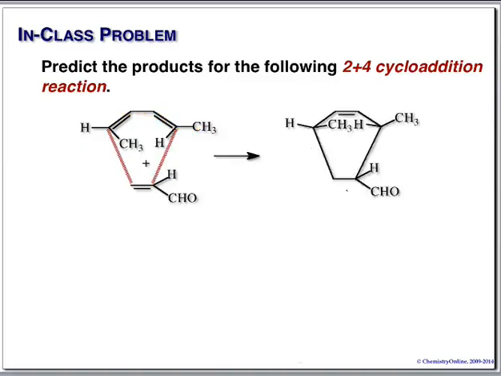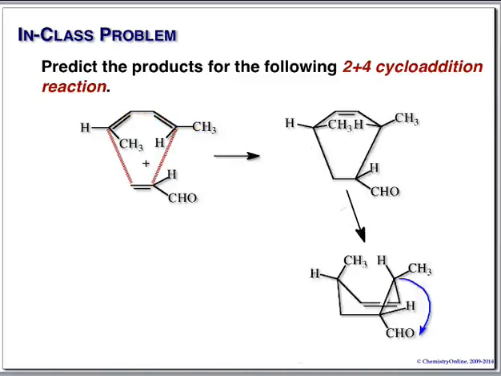I'm just going to rotate the double bond down, rotate this up, and make my boat. Now if you look at it, you know that you've drawn the stereochemistry right here. Because look at this. Hydrogen methyl, hydrogen methyl. Hydrogen methyl, hydrogen methyl. So this is what your boat would look like. Now remember, we want to take the boat, take this in, jib it down, and make a chair.